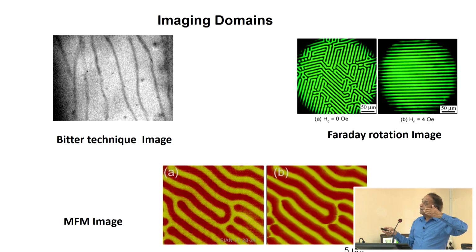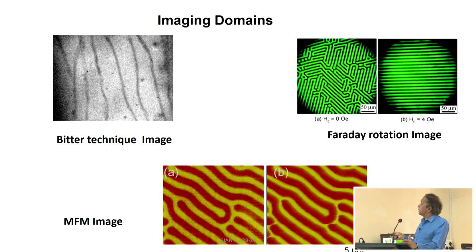There is a field gradient, because the magnetizations are oriented in different directions in two neighboring domains. So, at the interface there is a gradient. All the magnetic particles will be attracted toward where the gradient is maximum. So, they will accumulate right at the domain boundary, and this is how you visualize the domains using the Bitter technique. But there are much better ones now.